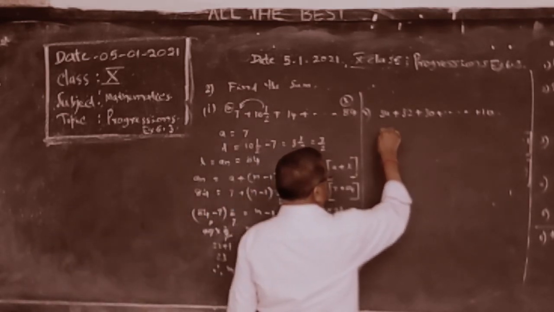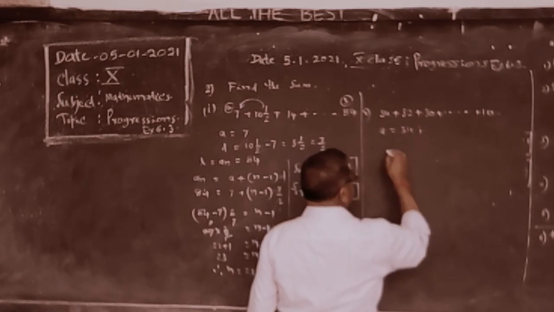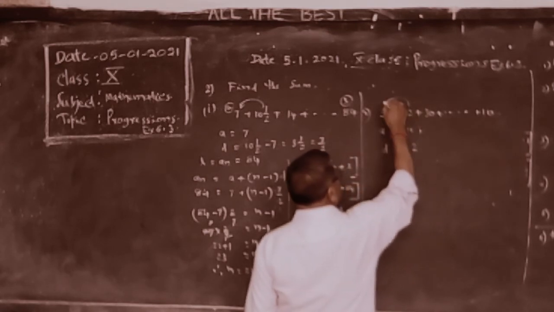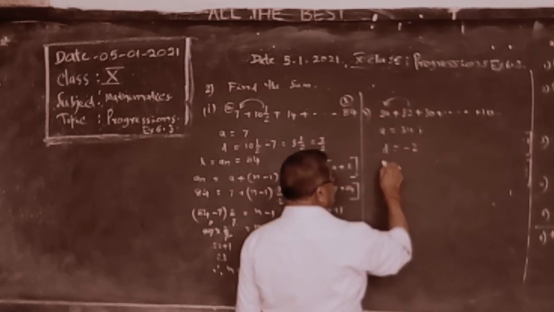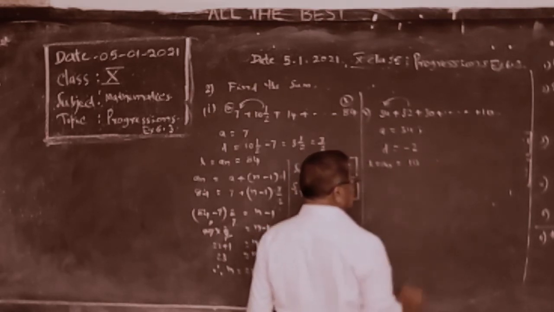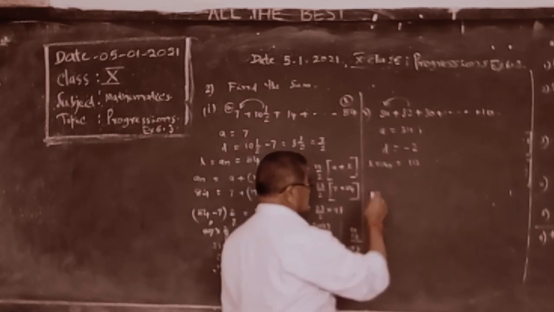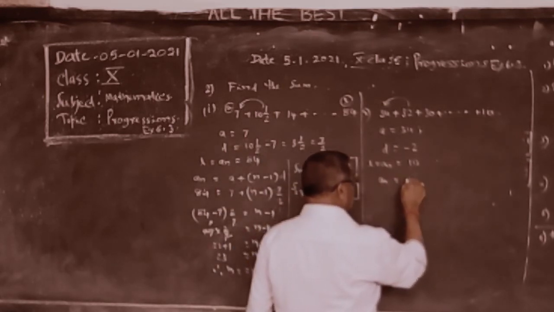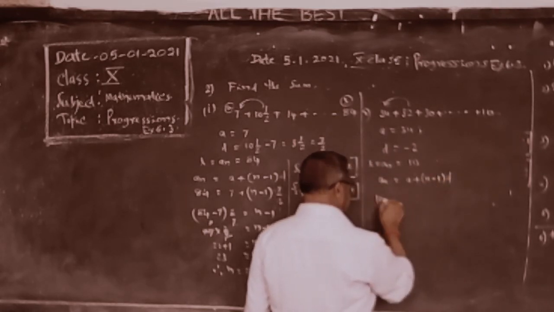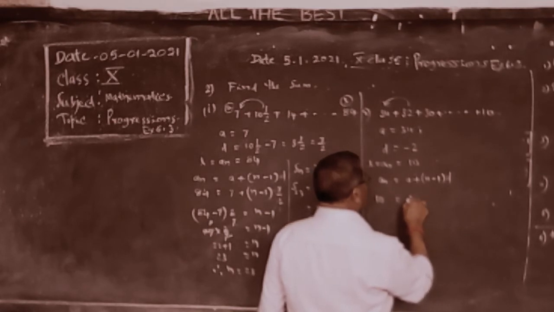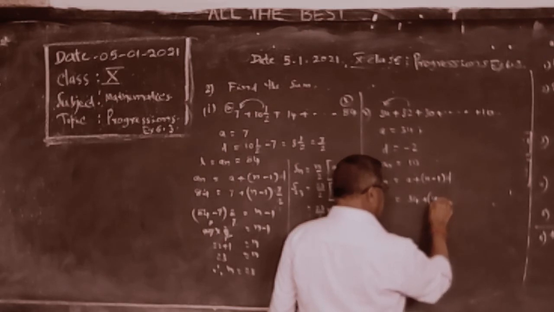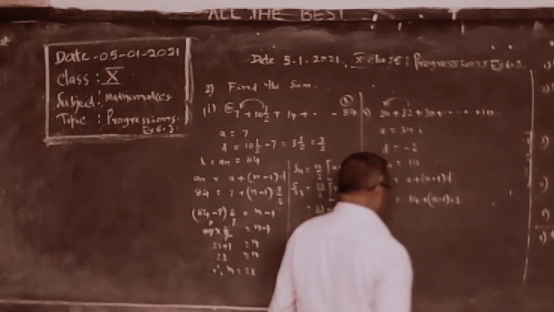And here a is equal to 34 and d is equal to minus 2, this is descending order, 32 minus 34, and l is equal to an is equal to 10. Let us find n now using the nth term: an is equal to a plus (n minus 1) of d. an is 10, a value 34, n value we don't know, and d value minus 2.